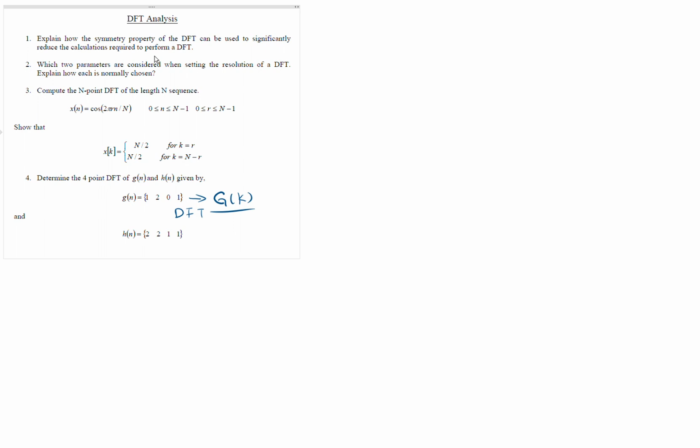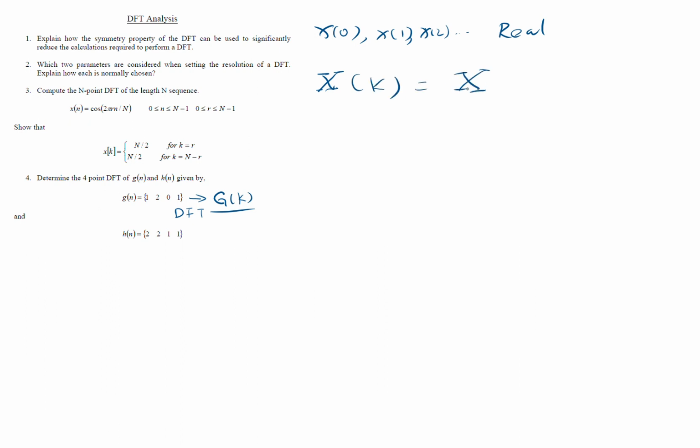If your input is all real, that means the lowercase x 1, 2, and 3, and so on, they are real numbers, like these ones. Then your capital Xk is going to equal the complex conjugate of X n minus k.